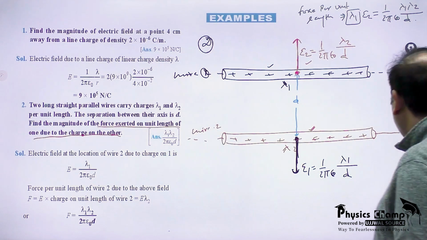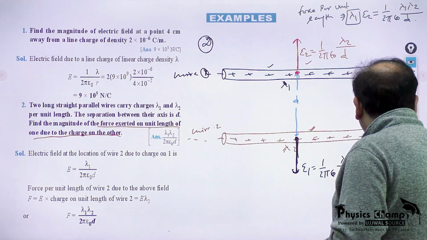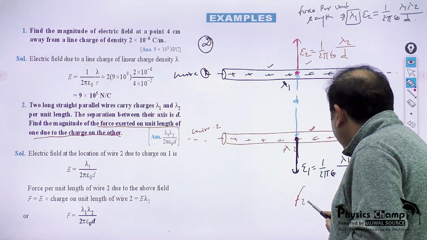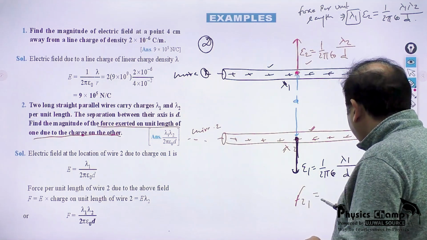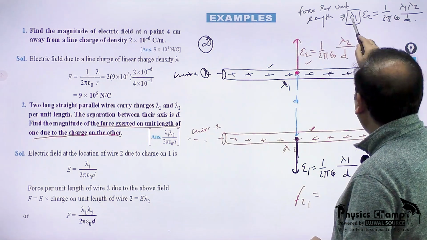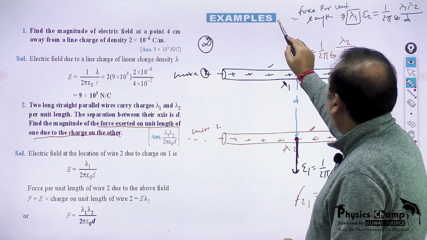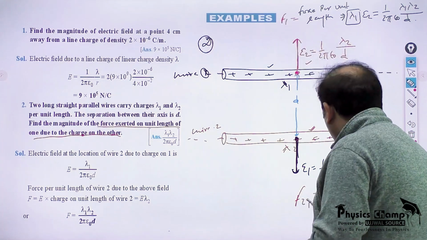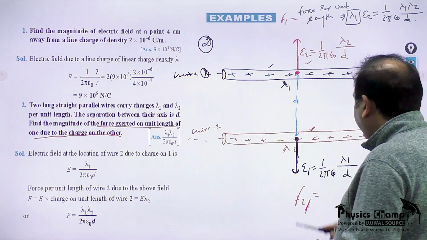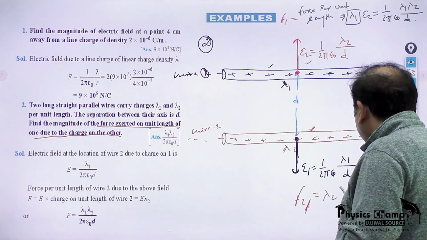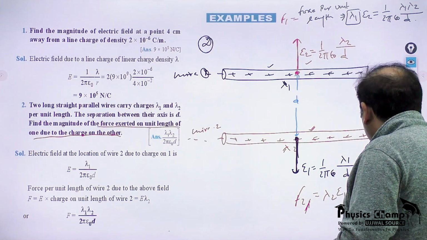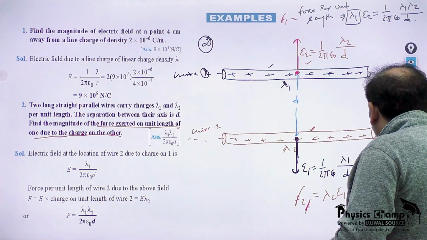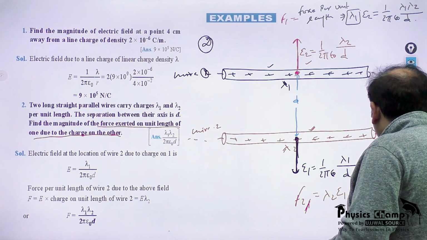Similarly, if I say what is force per unit length on wire 2, let's call it F2. So F2 will be lambda 2 into E1. It is again 1 by 2 pi epsilon naught lambda 1 lambda 2 by d.